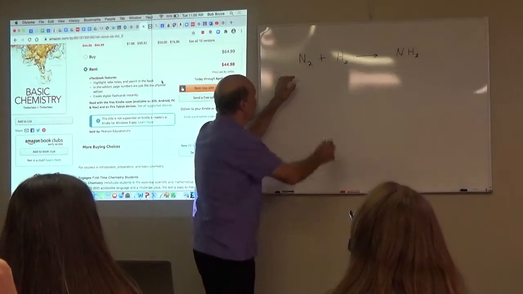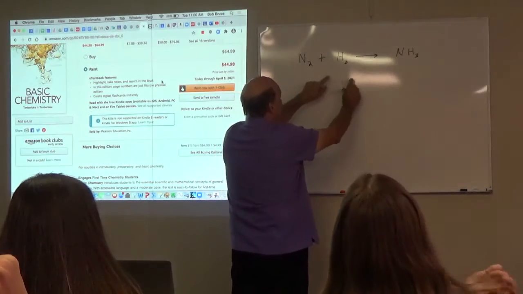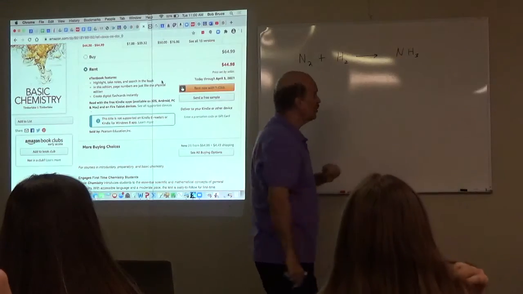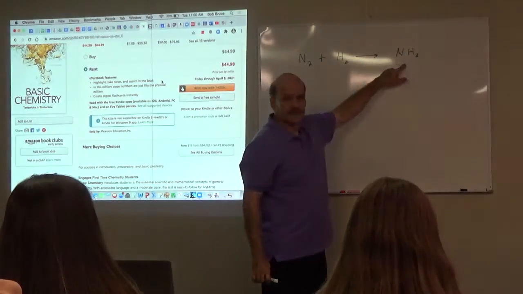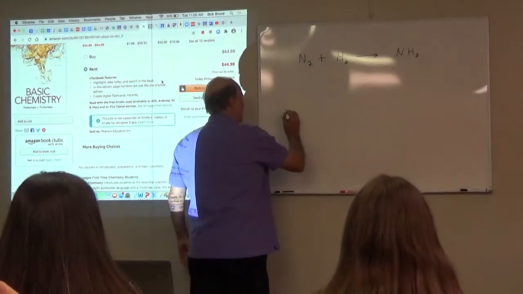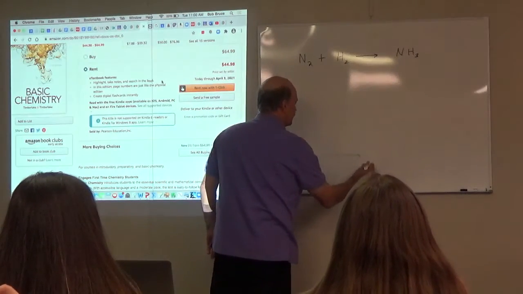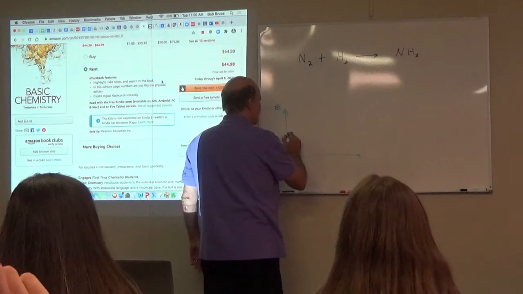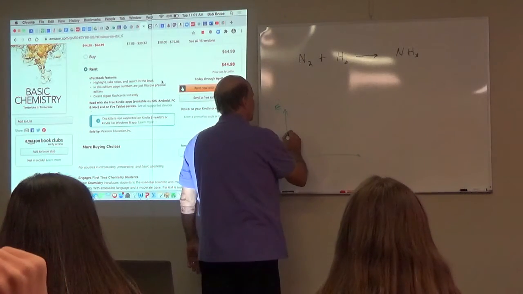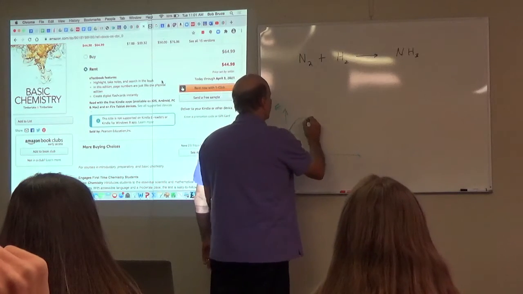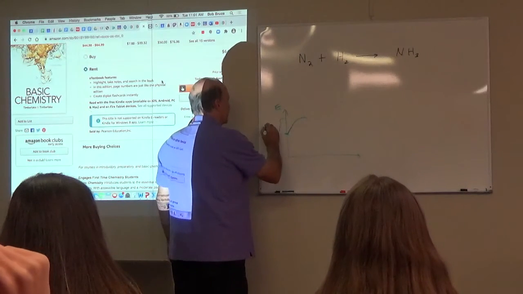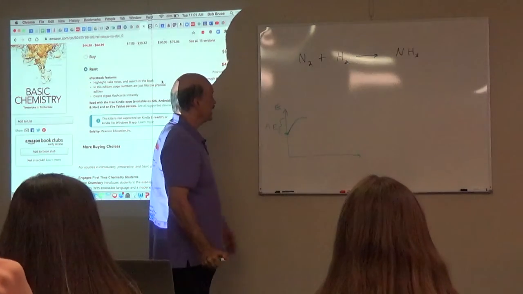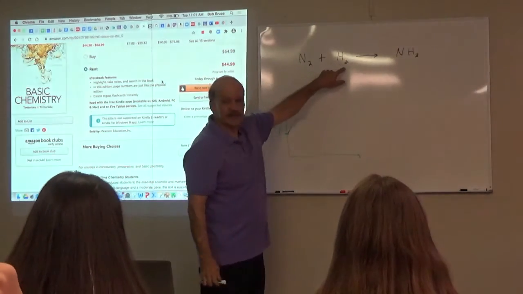What has to happen is you have to break the bonds between these two nitrogen atoms, break the bonds between these hydrogen atoms, and then you have to collide in such a way that you form new bonds.